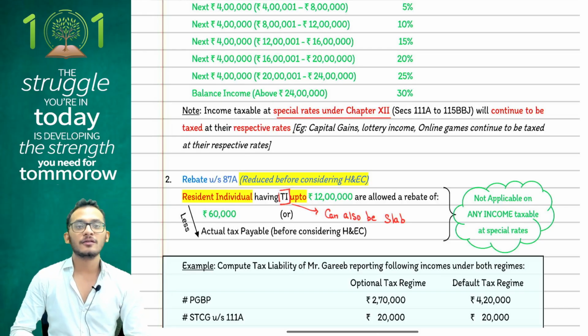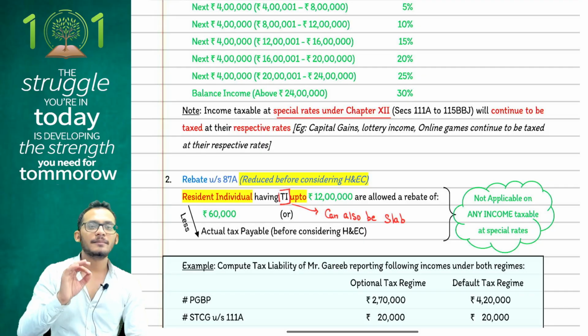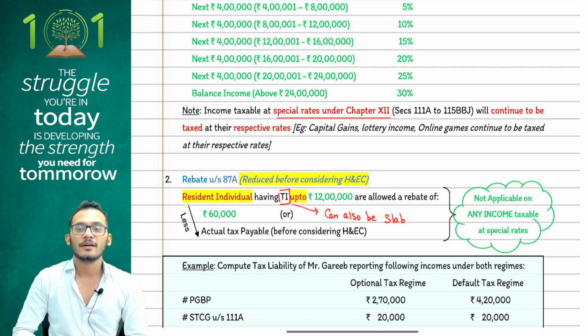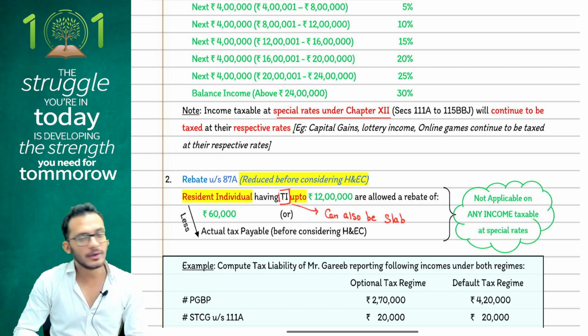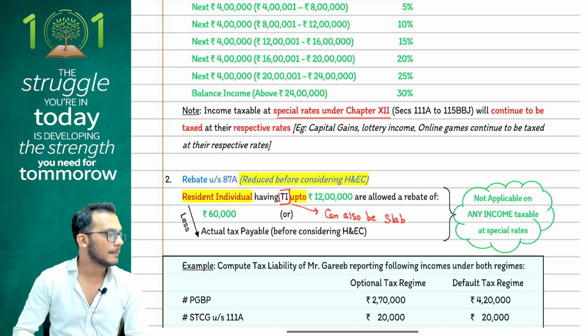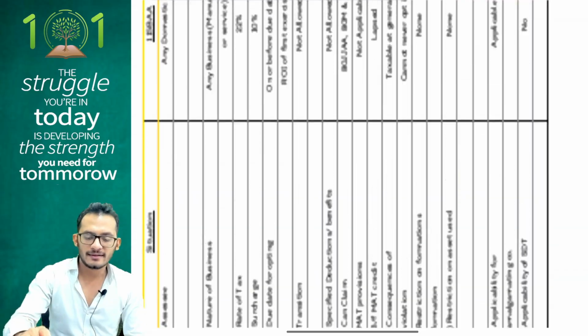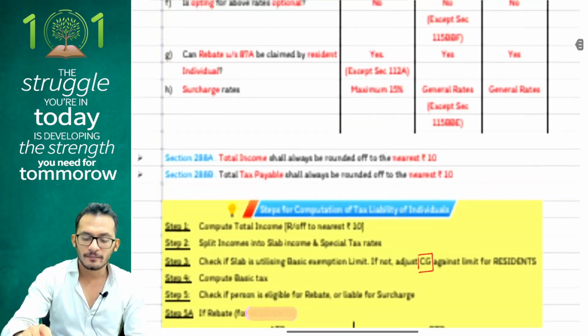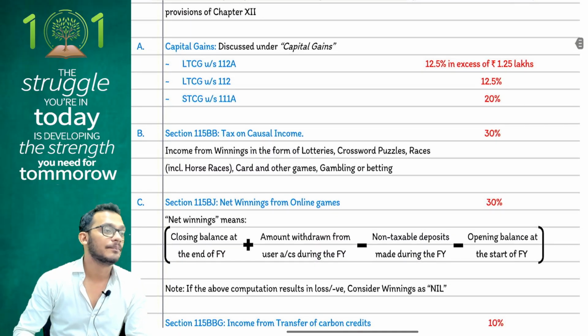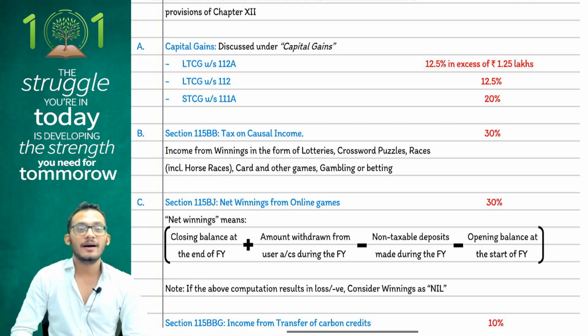Then we started discussing what are called special tax rates. Income tax rates, when you have capital gains: 112 will be taxable at 12.5%, 112A will be taxable at 12.5% exceeding 1.25 lakhs. 111A is taxable at 20%. Winnings are taxed at 30%, and online winnings are taxed at 30%.